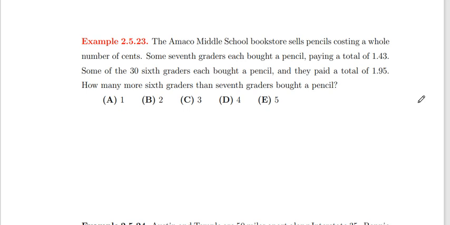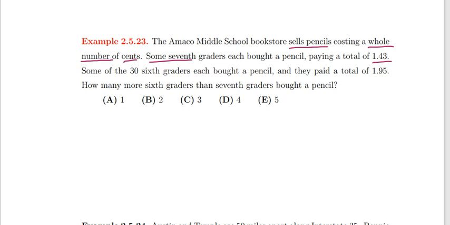This problem is quite the same as the other problem we discussed, right? Pencils cost a whole number, an integer, of cents. Some 7th grade students bought a pencil. How many, we don't know, right?